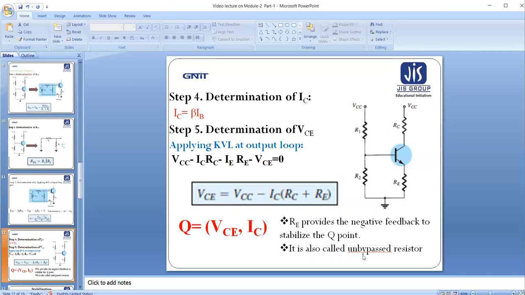And it is also called unbypassed, meaning any current flowing through the transistor will not pass to any other path. It has to pass through this resistor, and automatically it will develop the voltage drop which provides the negative feedback. So this resistor is called unbypassed, meaning there is no bypassing path for any signal.